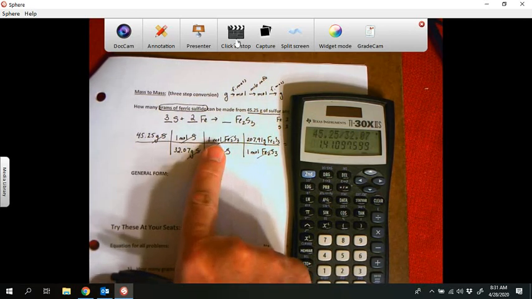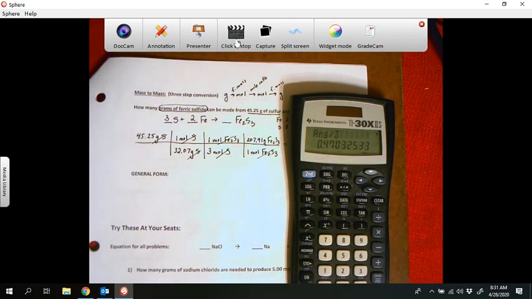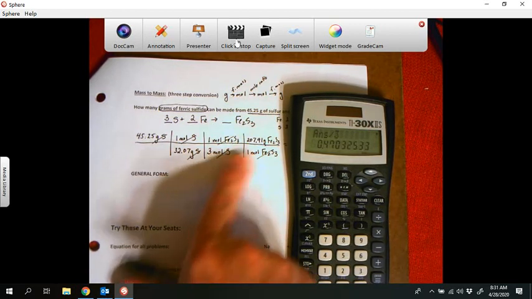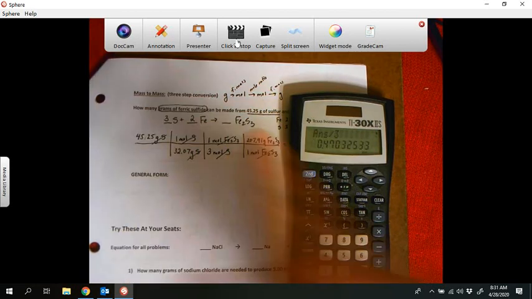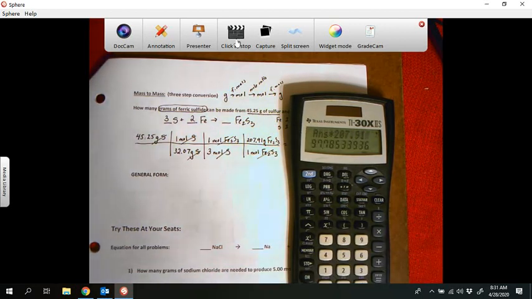I have a 1 in the top, so I don't have to do anything there, but I have a 3 in the bottom. So I'm going to hit divide by 3 and hit equals. And then I had the 207.91 in the top, so I'm going to multiply by 207.91 and hit equals.